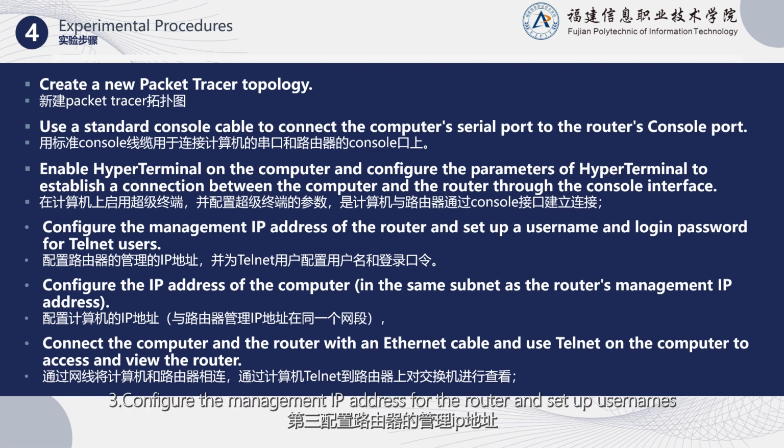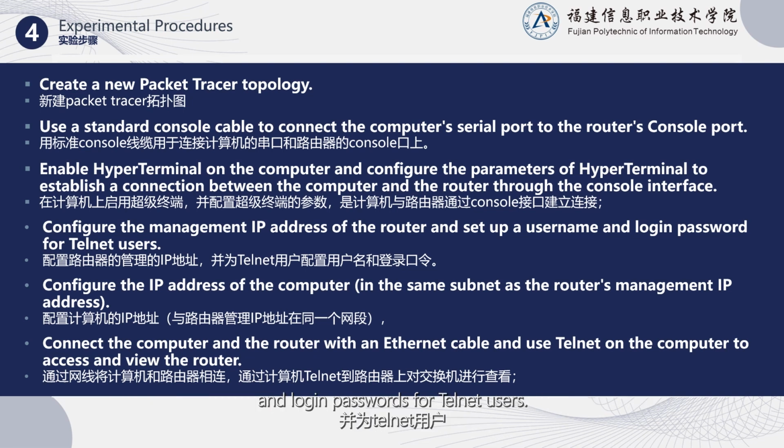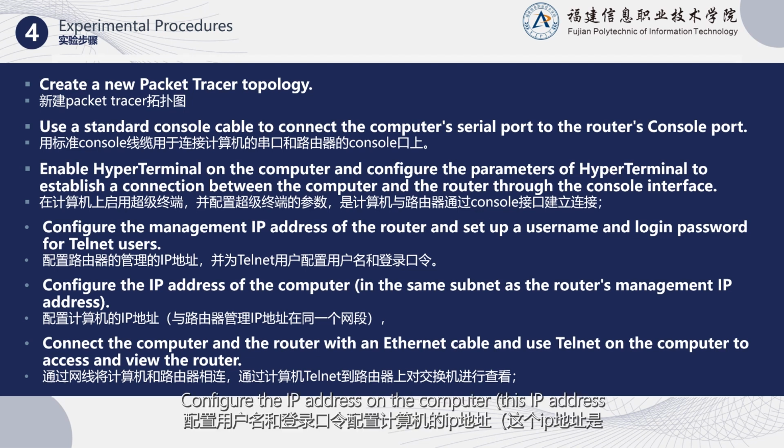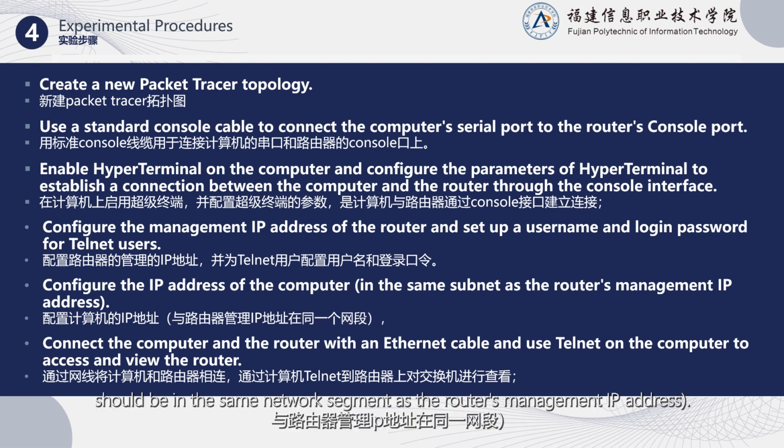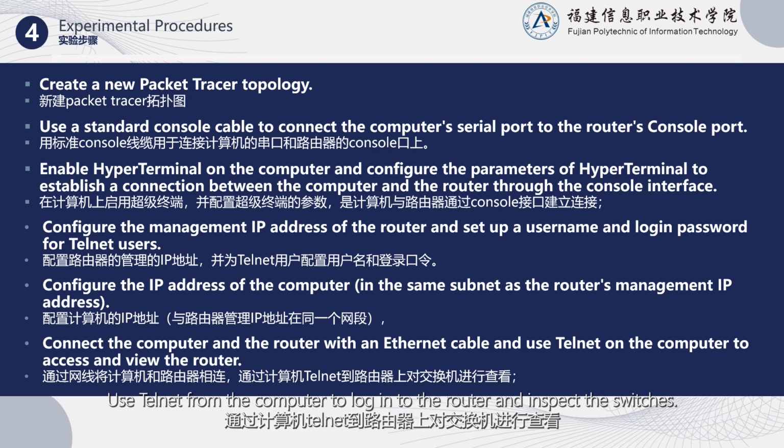Configure the management IP address for the router and set up usernames and login passwords for Telnet users. Configure the IP address on the computer. This IP address should be in the same network segment as the router's management IP address. Connect the computer and the router using an Ethernet cable. Use Telnet from the computer to log into the router and inspect the router.